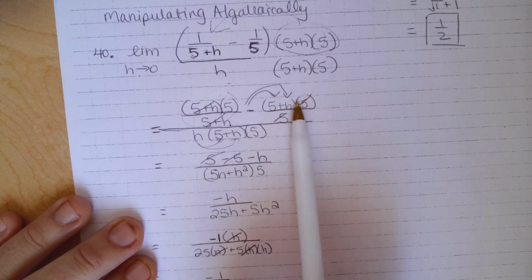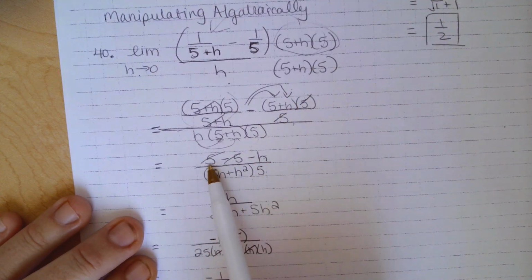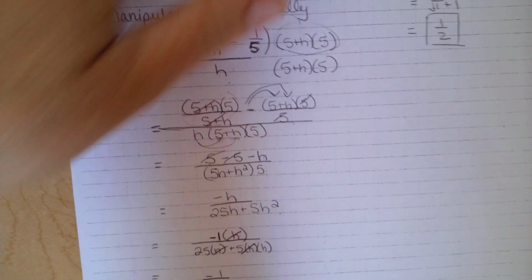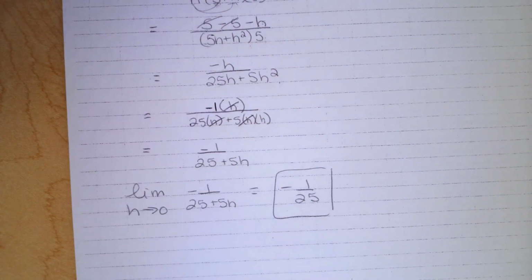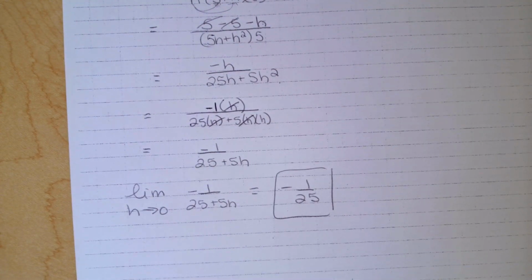That allowed me to cancel, and you ended up with just negative h on the top, which is a lot cleaner to deal with also. On the bottom, we ended up with 25h plus 5h squared. We factored an h out of everything. That resulted in negative 1 over 25 plus 5h. Now I throw in a 0 and I get an answer.